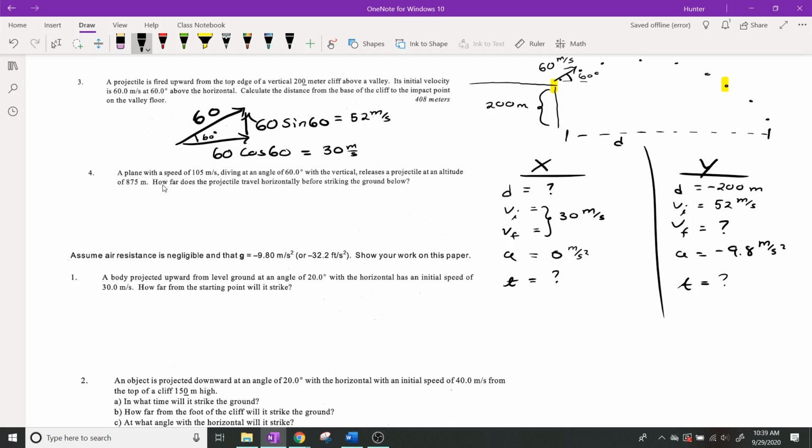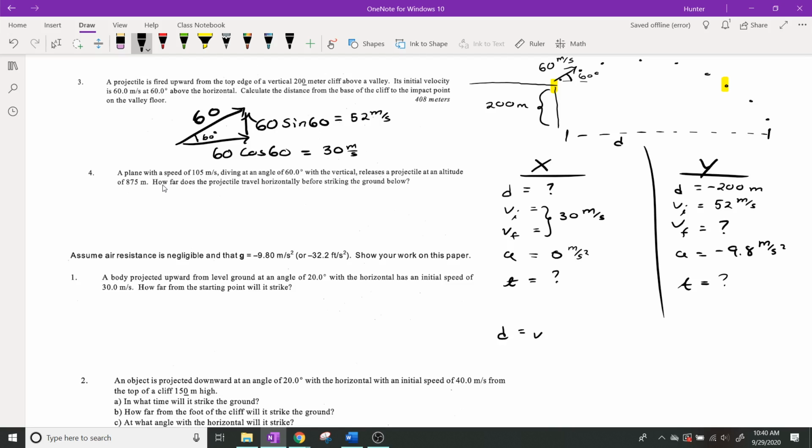All right. So we're looking for the range, right? Which means what we really want to find is the time. So I need a kinematic equation that solves for time without hurting me. We have to do the quadratic again. There's no other choice.